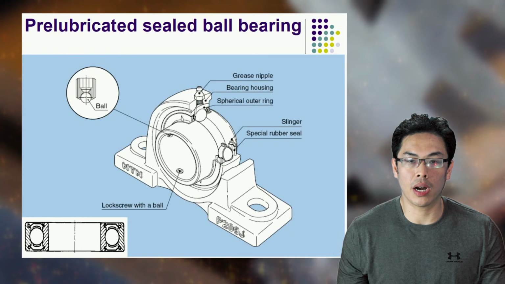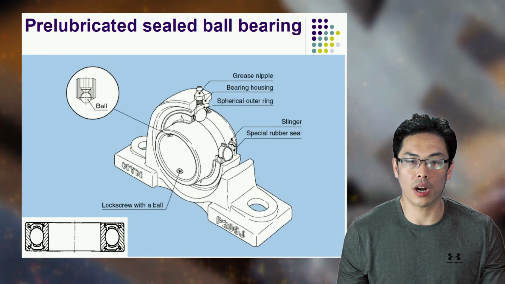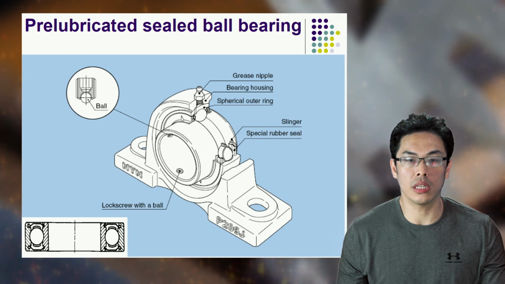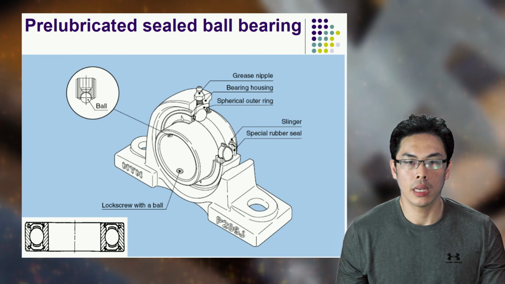To extend bearing service life, all methods of bearing lubrication that use clean oil are acceptable. These include the circulating oil lubrication method, the oil jet method, and the oil air method.